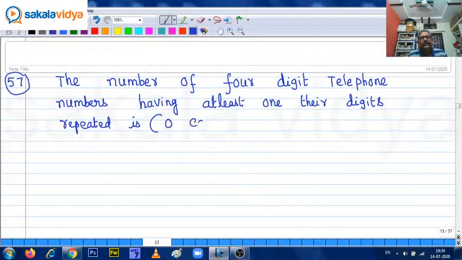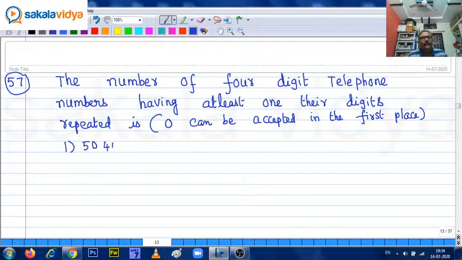One condition: zero can be accepted in the first place. First option 5040, second option 4960, third option 2520, fourth option 2480.